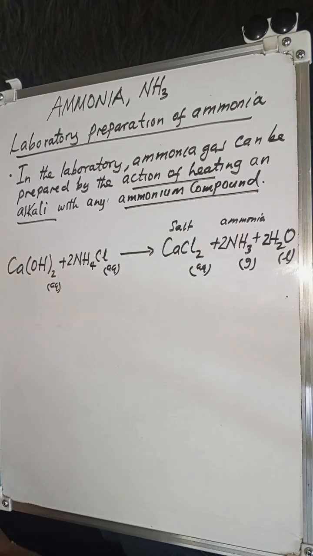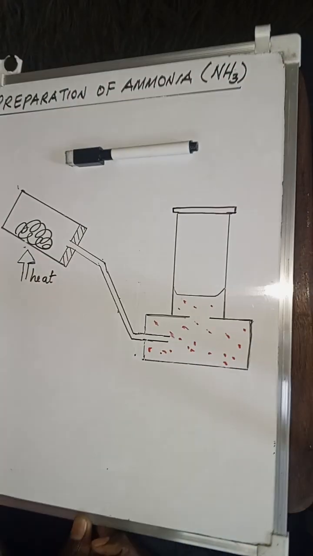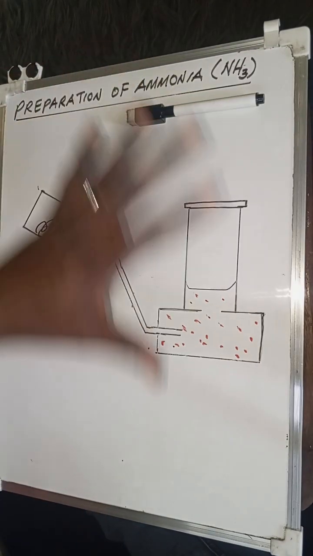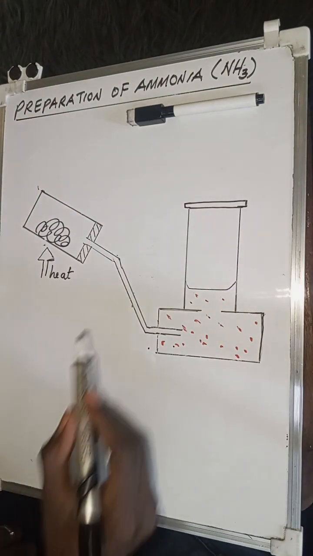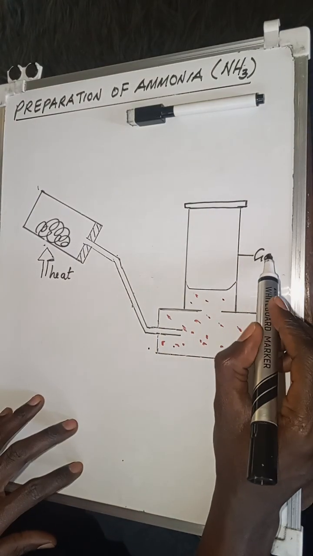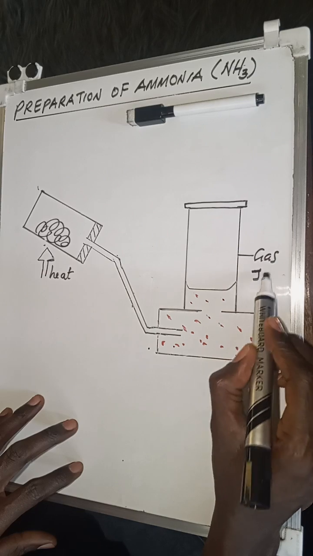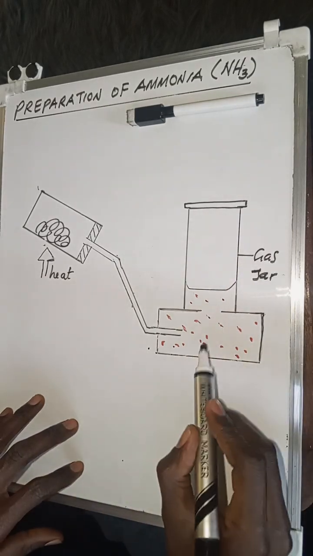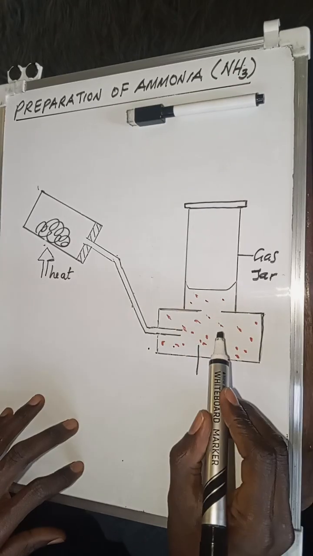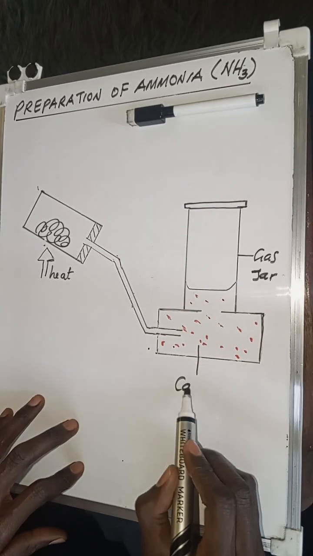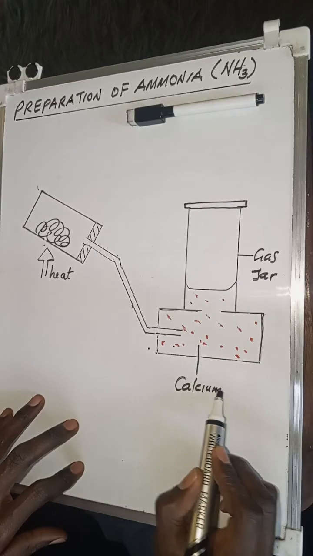Now the apparatus that you can use is what I have already drawn for you this side. So this is the type of apparatus that you can use in the laboratory preparation. So let's label a few things there. We do have this one as being our gas jar. Then we do have a solution inside. This time we are not using water, so what we are going to use there is calcium oxide.